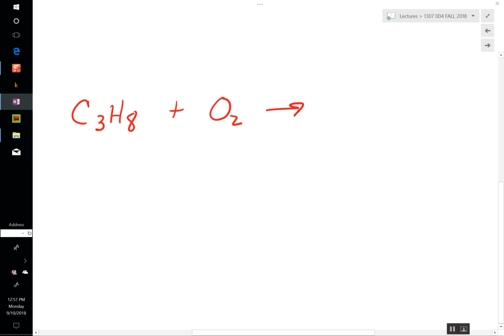What will the complete combustion of propane produce? CO2 and water. When we burn these hydrocarbons completely, that's basically what we produce. It's carbon dioxide and water. Whether we're burning coal or hexane or octane or methane or propane.